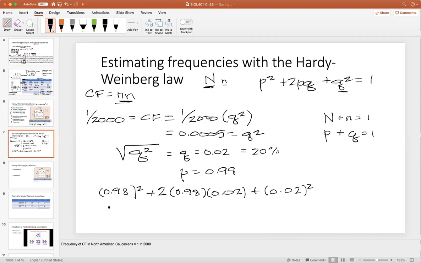Now let's go ahead and work out this math. I have it worked out somewhere already. Okay, so then this becomes 0.96. This becomes 0.0392.